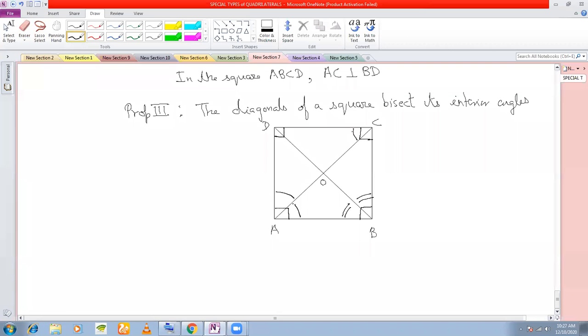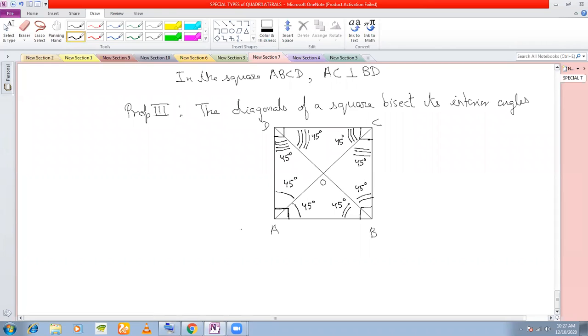Similarly, these two angles must be equal, and similarly these two, and these two. But this entire angle is 90 degree, and if these two angles are equal, then this must be 45 degree and this must be 45 degree. 90 divided by 2, this must be 45. Each of these must be 45.